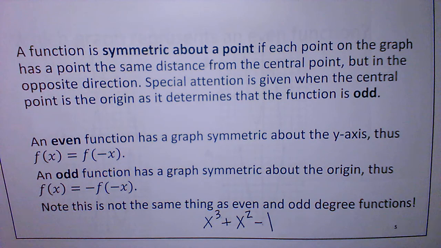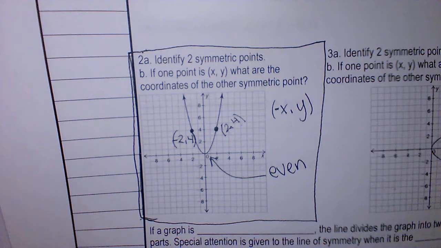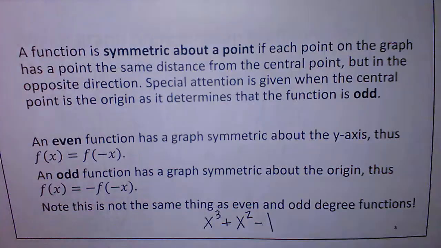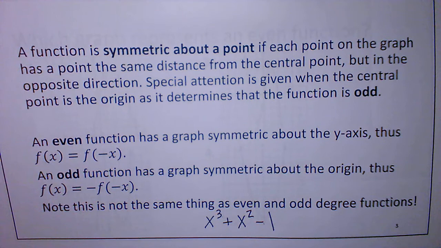I hope that because we have seen an example of an even function, you will understand what that looks like: something that is symmetric about the y-axis. I understand that we have not looked at what an odd function looks like, but we will see an example of that, okay?